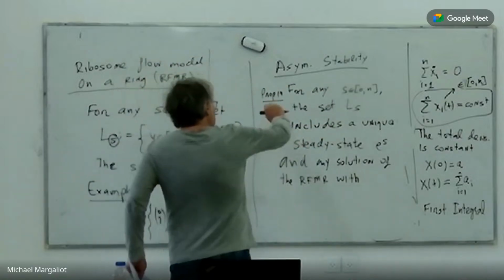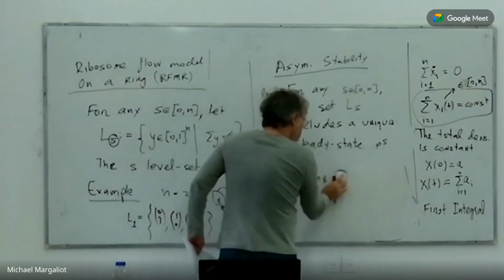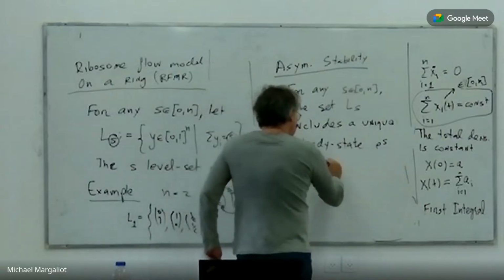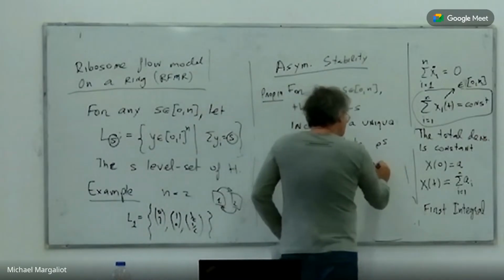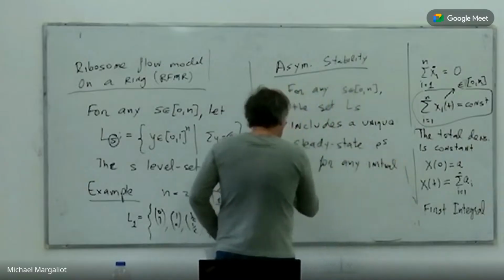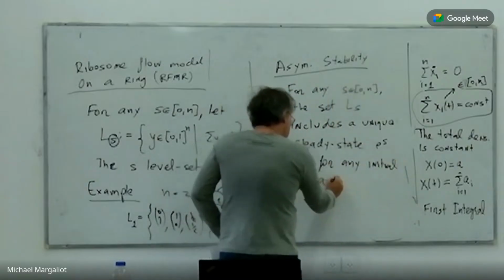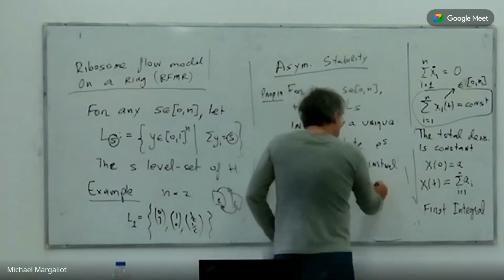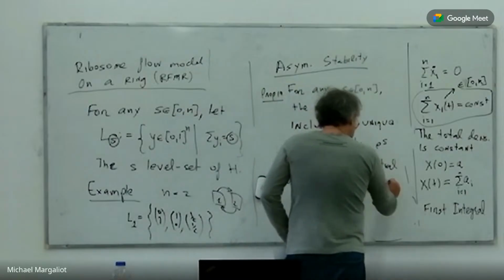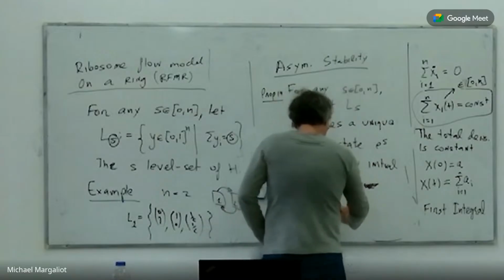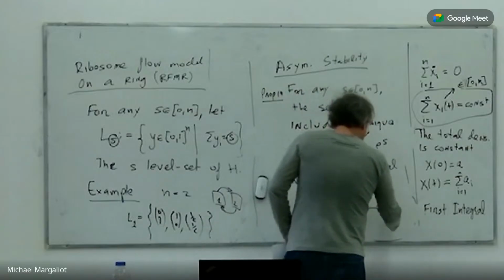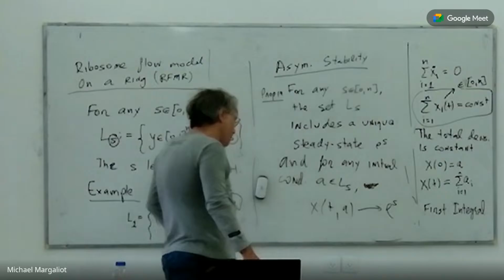And for any initial condition A on LS, we have that x(t, A) goes to ES.